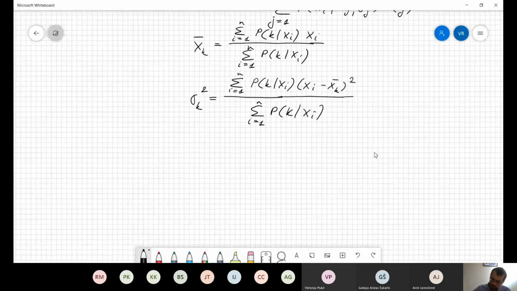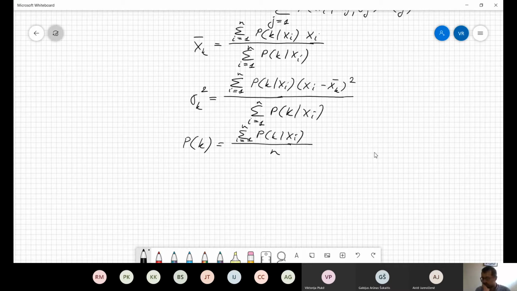Okay, and the final thing left is to recalculate the weights. Weights are recalculated quite simply. We sum up all the probabilities of xi being in the k-th cluster, and we divide by the number of points, so it is normalized by the number of points.